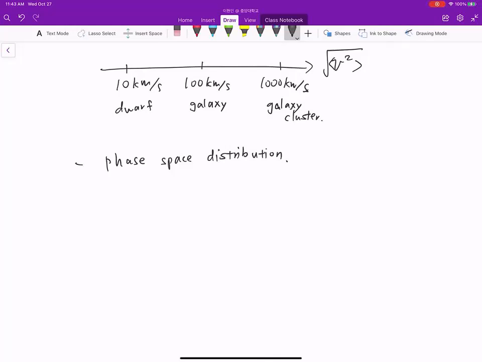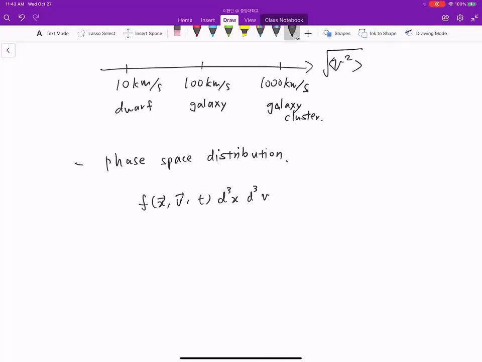The phase space distribution is a general function of position and velocity and time. This is describing the number of states in this position and velocity space.